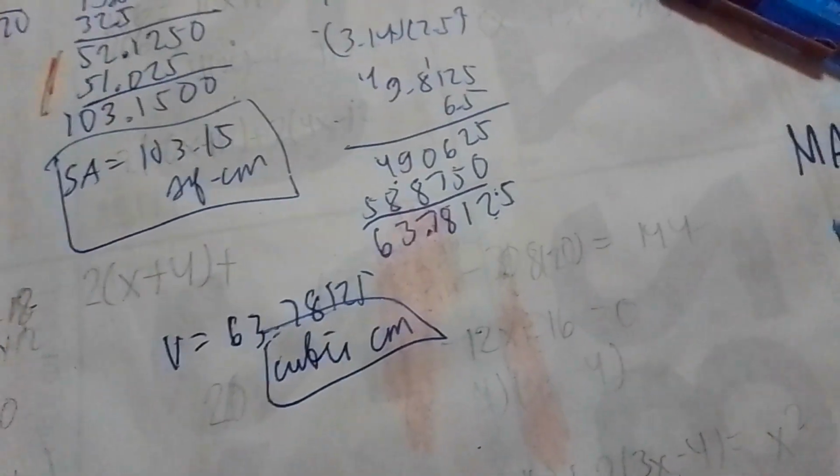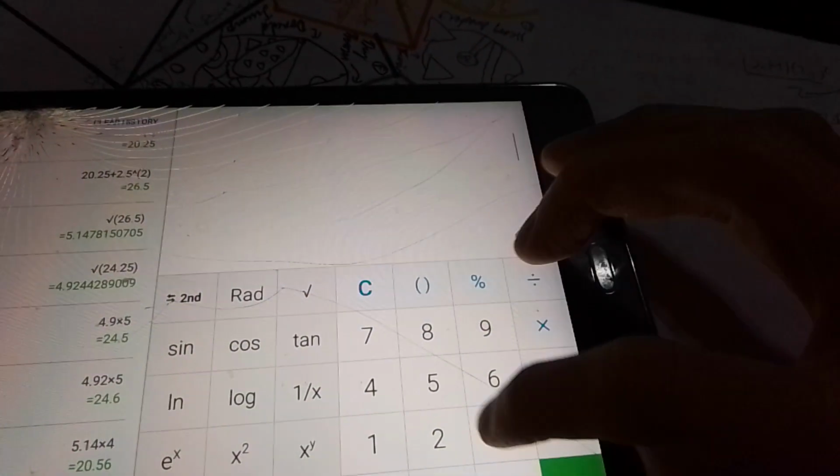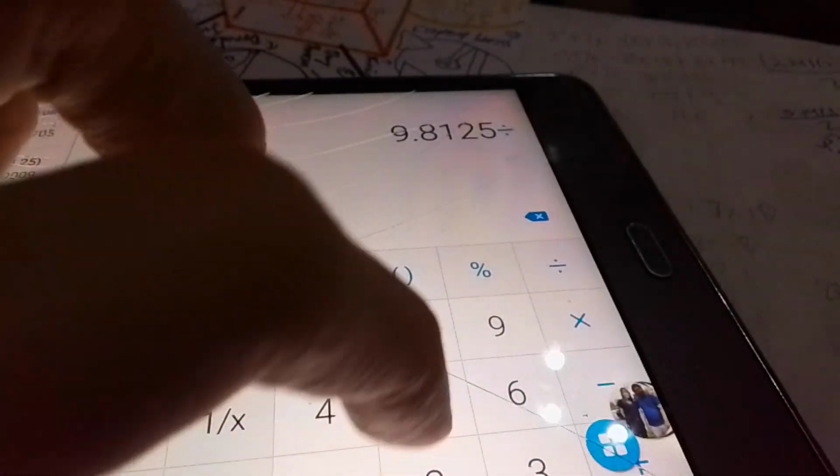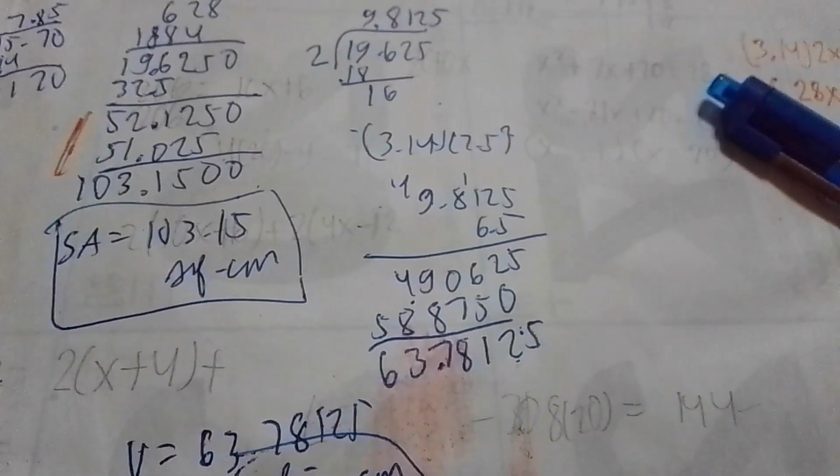To double check with the calculator, let's see if it makes sense. 3.14 times 6.25, then divide by 2, times 6.5. We should get a certified answer that looks like this.